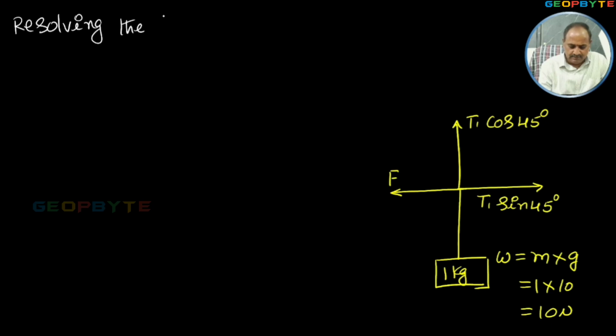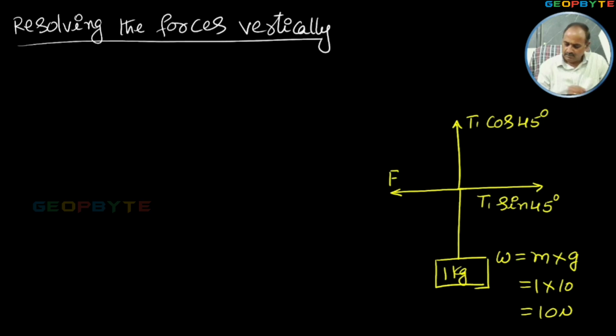Resolving the forces vertically. Look at the vertical upward force. The vertical upward force is T1 cos 45 degrees. That must be equal to the vertically downward weight, that is 10.